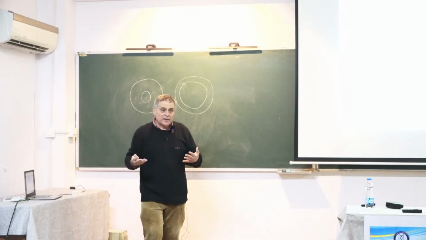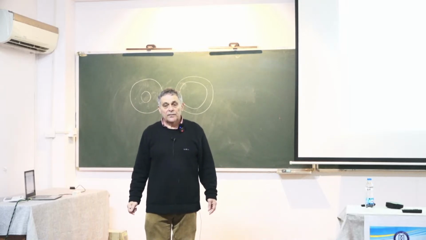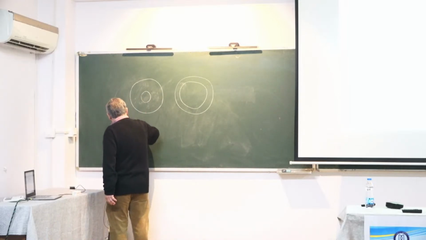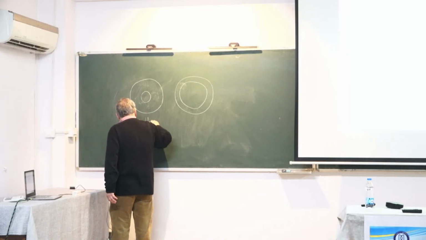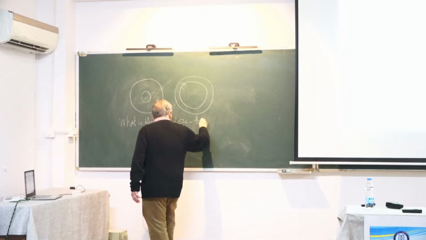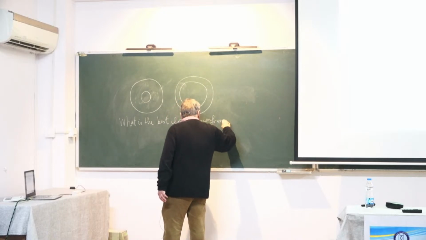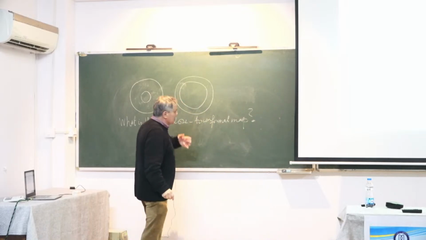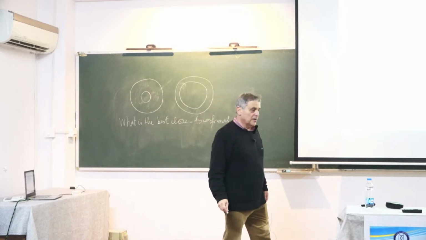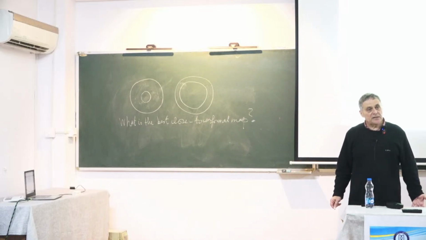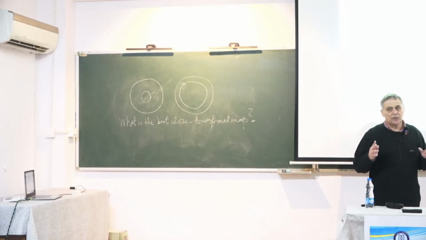So I know there is no conformal map. And you say, okay, what is the best close to conformal map? Is there a best close to conformal map between these two surfaces? And if yes, then you will have a distance between the two surfaces.